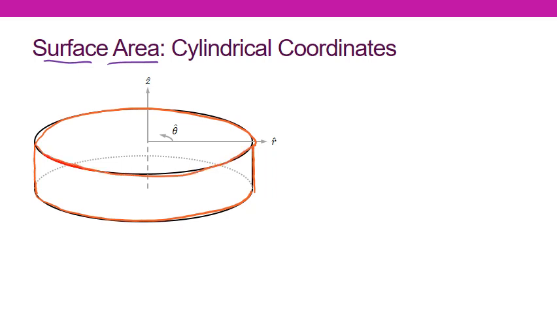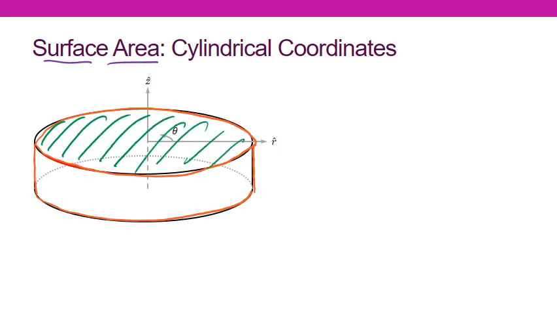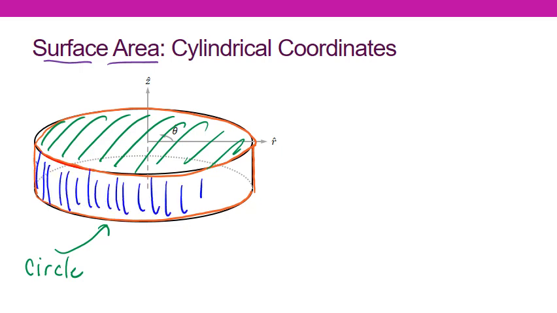For example, this top bit is a circle, and on the bottom, this is also a circle. And then this barrel, I'm going to call it this bit. So let's call this the barrel.